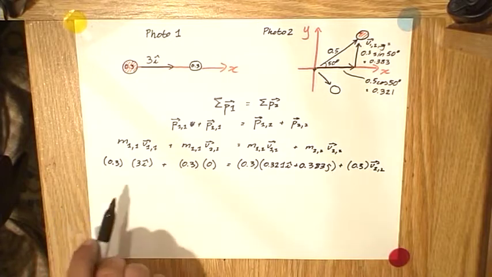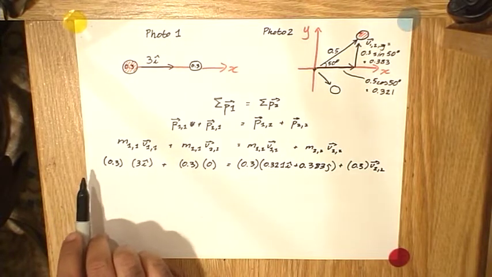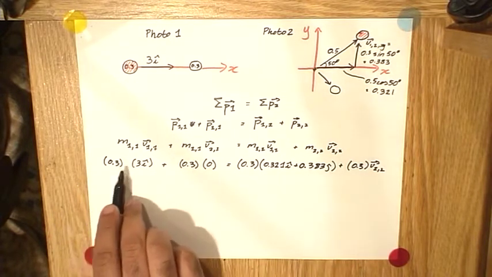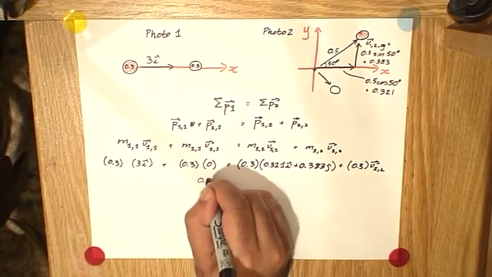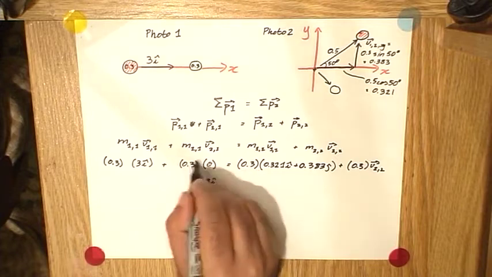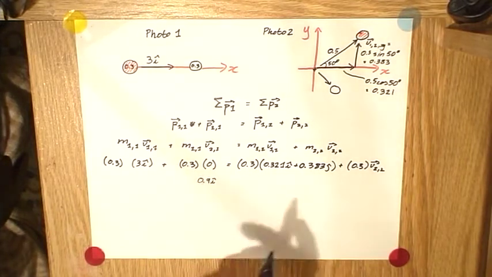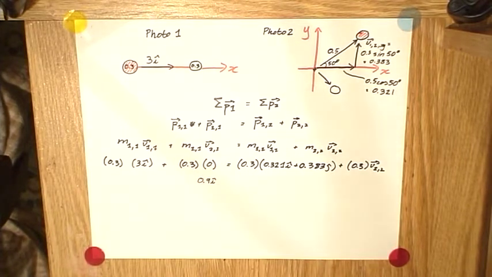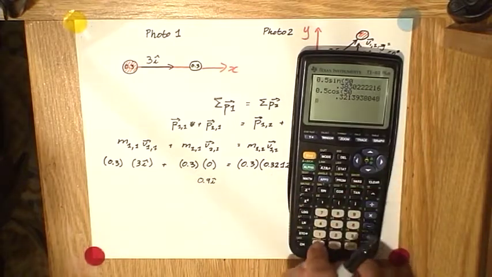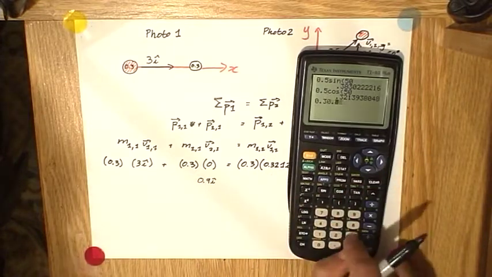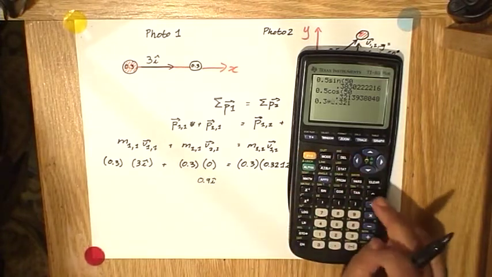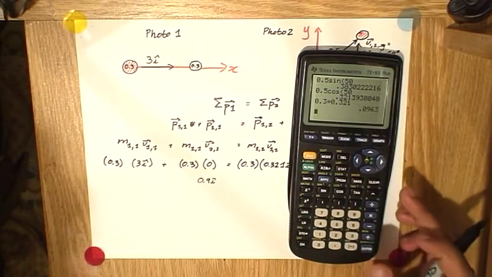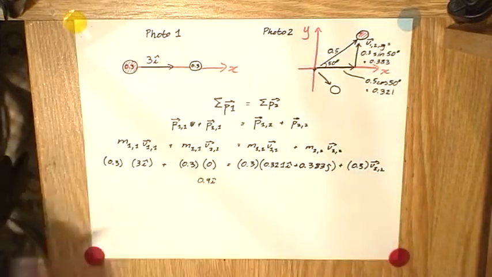Okay. Now, let us simplify this. 0.3 times 3 i hat, that's 0.9 i hat. This term obviously is going to disappear because it's just 0. 0.3 times 0.321 gives us 0.0963.